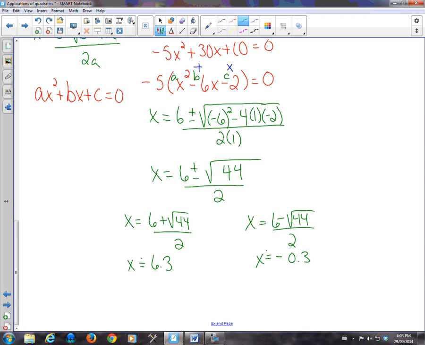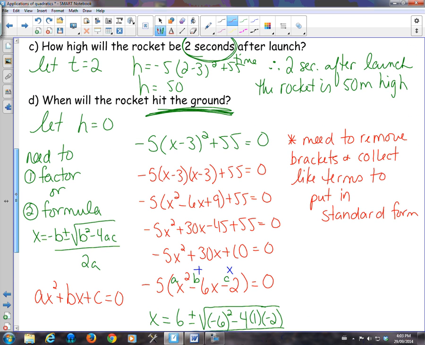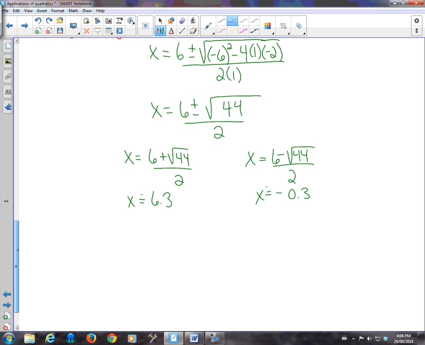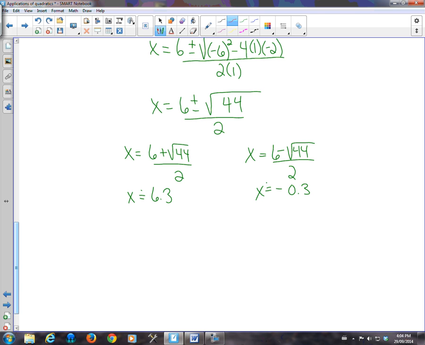So way back at the beginning, we were talking about when. So we're looking for a time. I look at my answers. One of these should not make sense. One of these things does not belong. It is the negative, because you can't have a negative time. So since you can't have a negative time, there's only one answer.